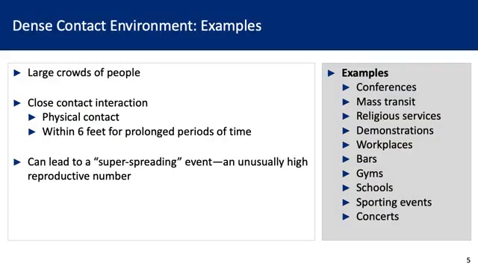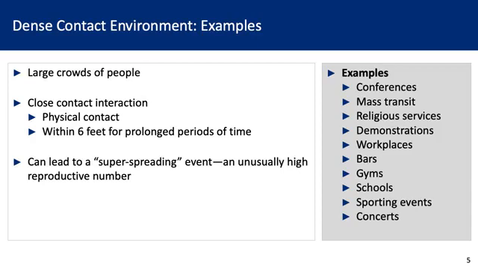Some examples of what those dense contact environments might be include conferences, as I mentioned, and people who've spent a lot of time on mass transit. So maybe they took a flight or were on a train together for a long time. Religious services or demonstrations are another place where people often have close contact with many other people. The workplace environment could be another example.